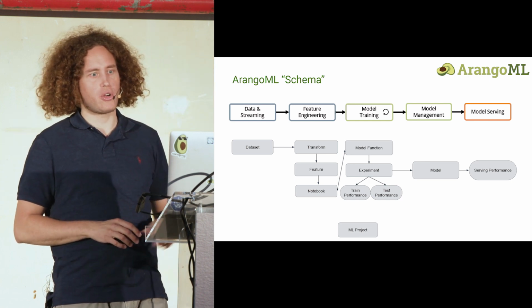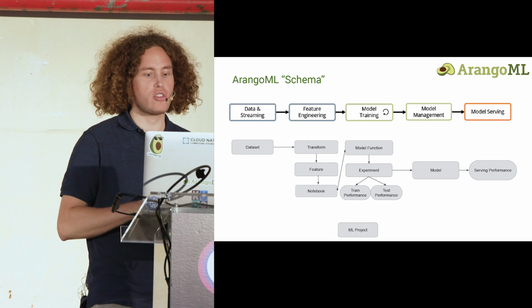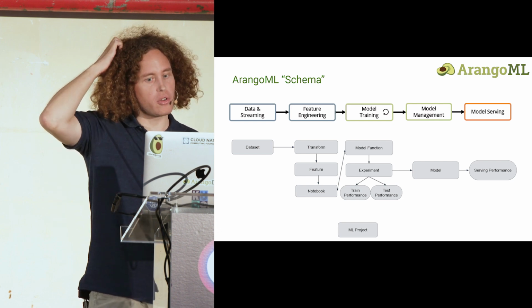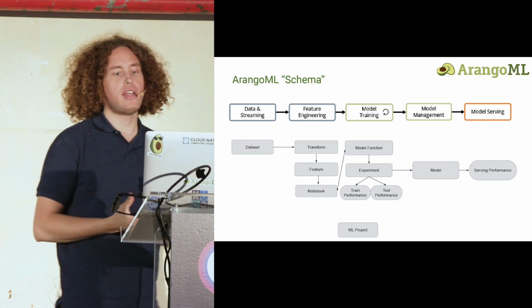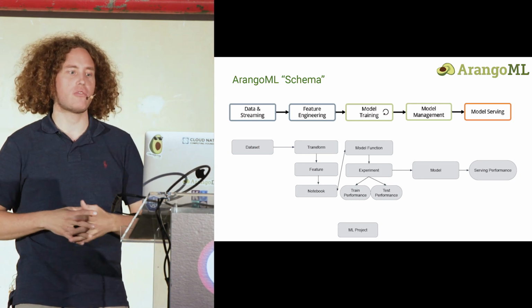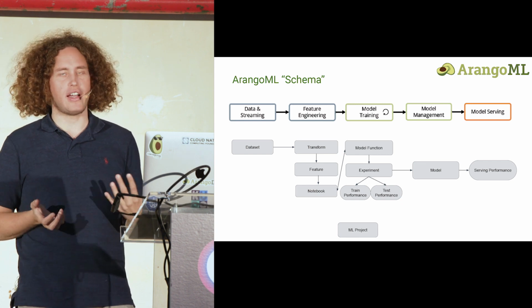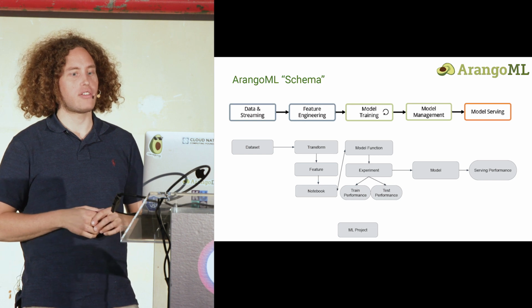The schema is pretty much matching what we saw earlier. So we got transformation, we got features, we got notebooks, model functions, experiments, but probably the best feature of all is that schema is in quotation marks, because I can actually define my own entities and also my own relations in between.